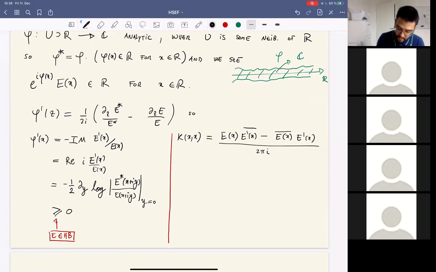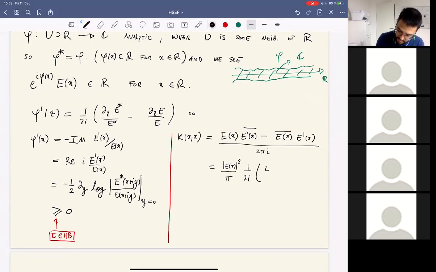So if you isolate |E(x)|² divided by π, what you get is 1 over 2i. You're isolating this term and this guy here, so I have to divide by conj(E').